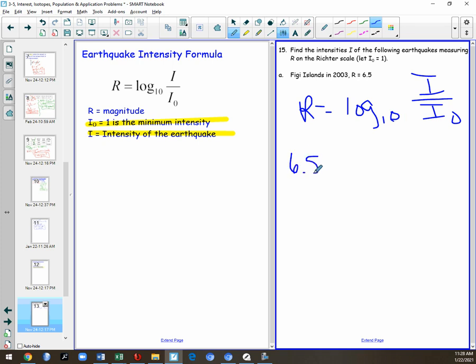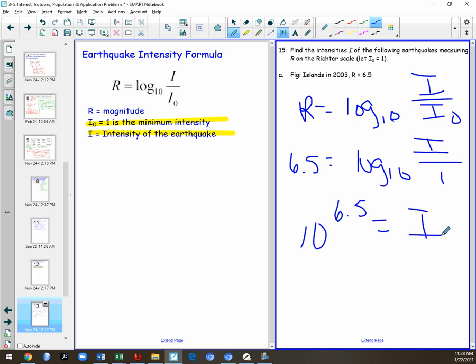That means you're going to plug in the 6.5, log base 10. I is what we don't know. I sub 0 is always going to be 1. So if I write this as an exponential, I'm going to have 10 raised to the 6.5 is equal to I, and that's going to give your intensity.